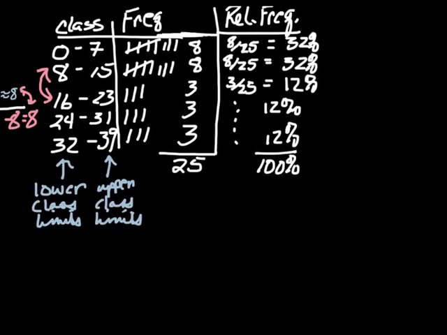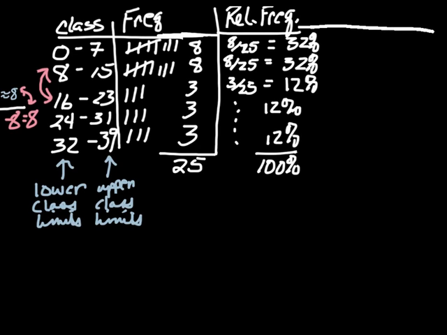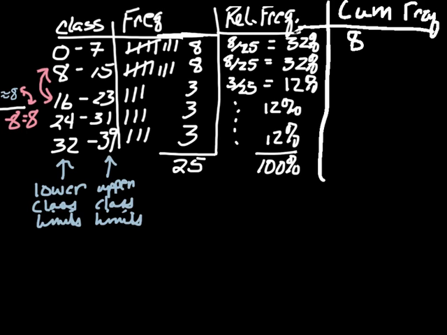What we'd like to do is continue the table a little bit more and make what we call a cumulative frequency. A cumulative frequency is basically adding the frequencies or the relative frequencies together. So you'd start off with 8, and then 8 plus 8 is 16, and then 16 plus 3 is 19, plus 3 is 22, plus 3 is 25.